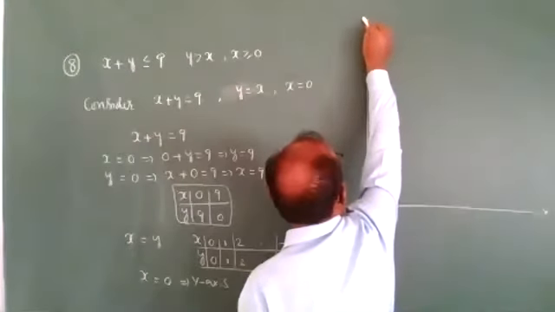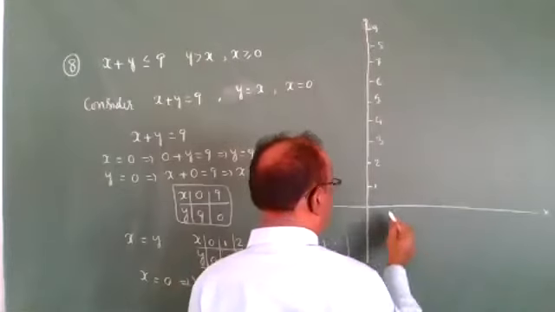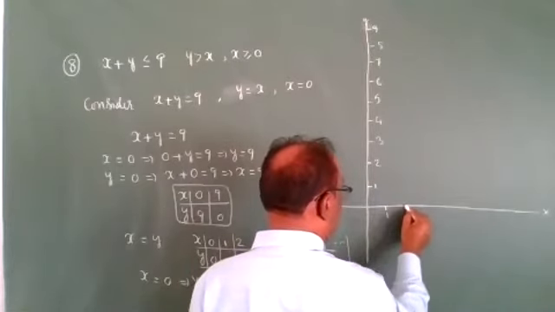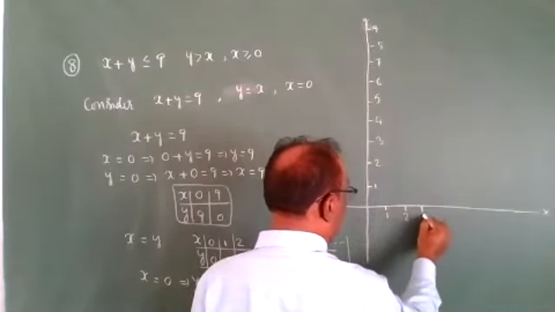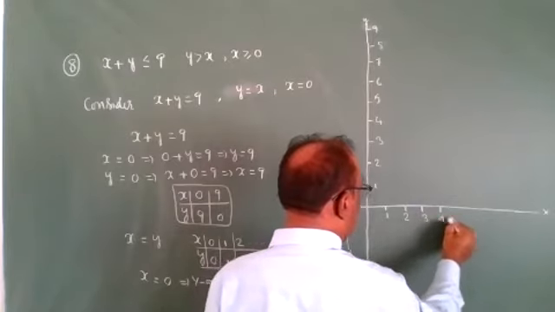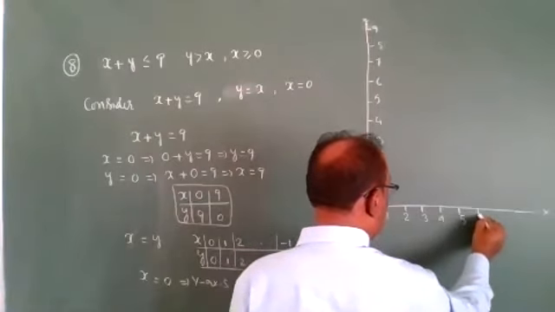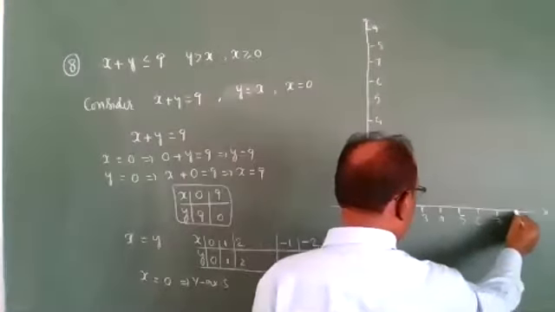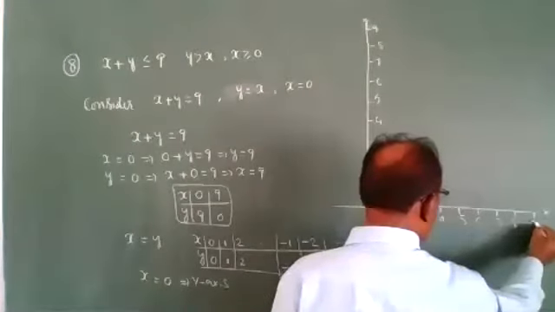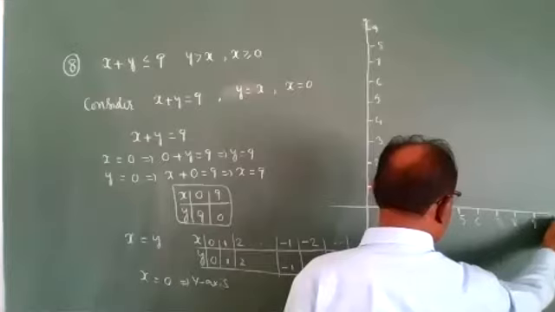This is the y axis. So on the x axis also put 1, 2, 3, 4, 5, 6, 7, 8, 9. So this is the x axis.